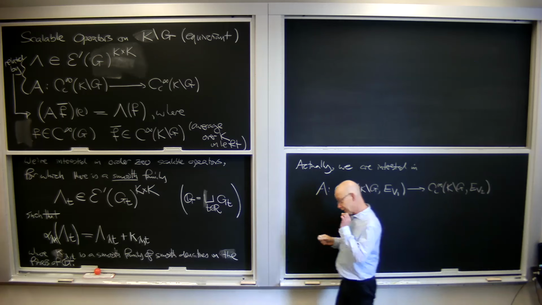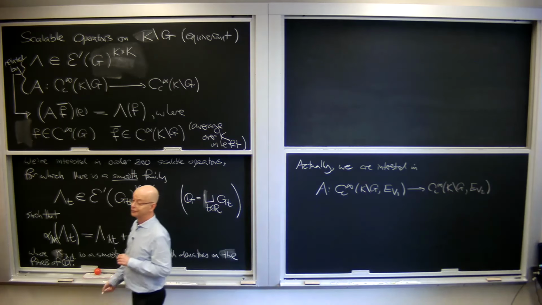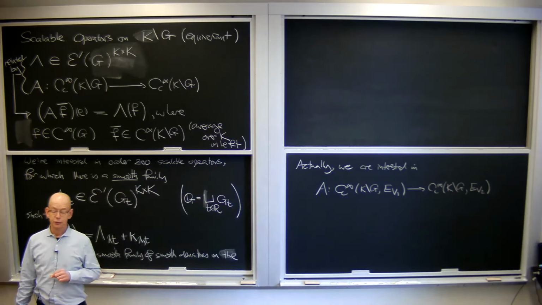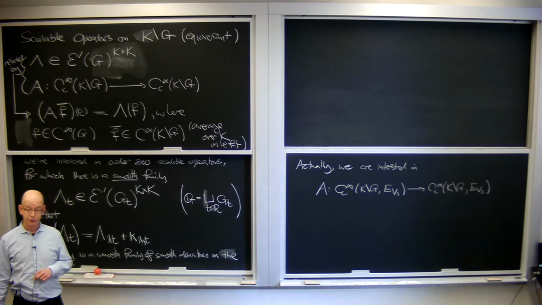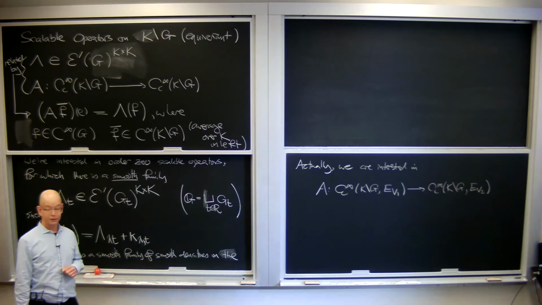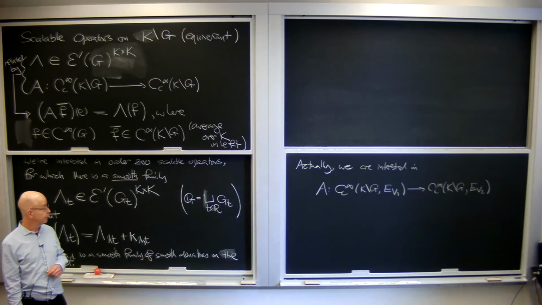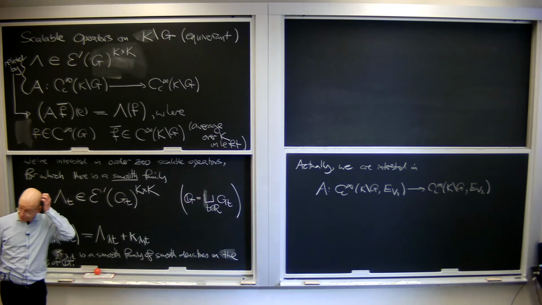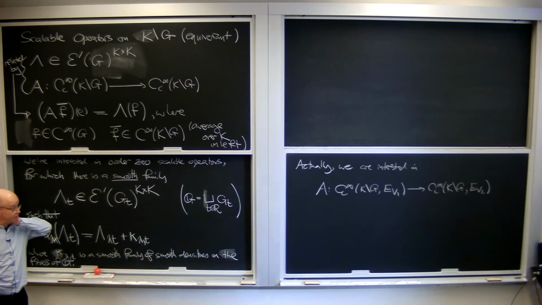The V's stand for finite dimensional representations of K. This is Bismut speak, and the E sub V's stand for the corresponding vector bundle. So V1 and V2 are finite dimensional unitary representations of K. They determine vector bundles over K mod G, over the symmetric space.